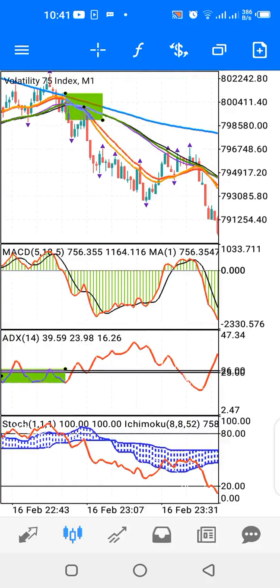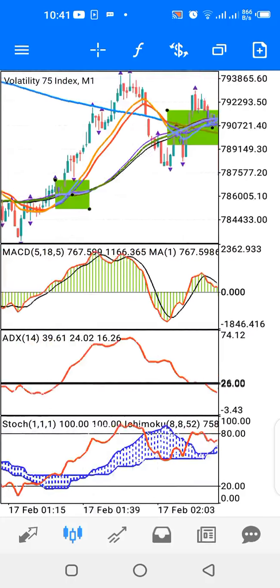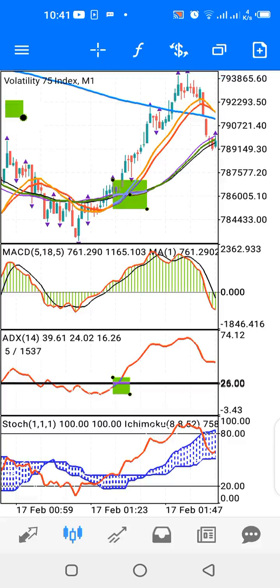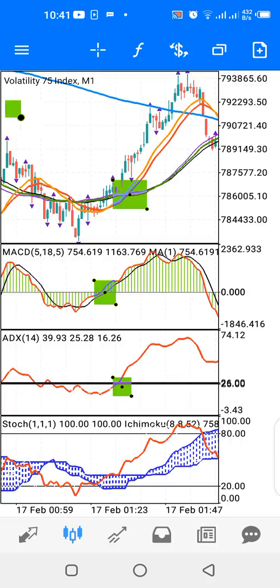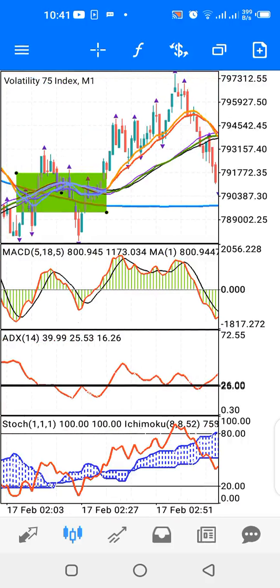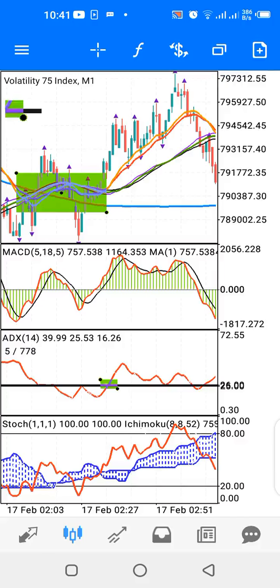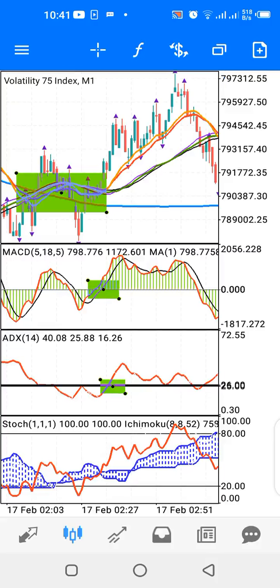But when it goes down and comes up around here, do you look for a buy or sell opportunity? For this particular area, it's a buy opportunity. We have another one here. This is a buy opportunity on other indicator windows.